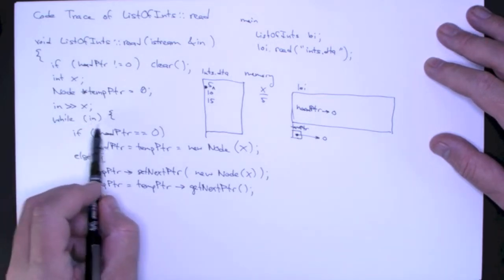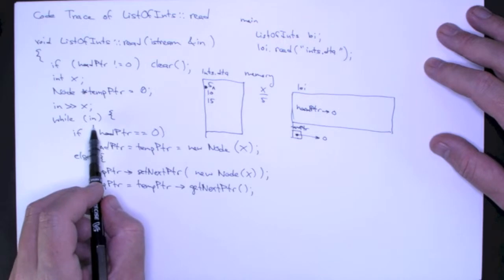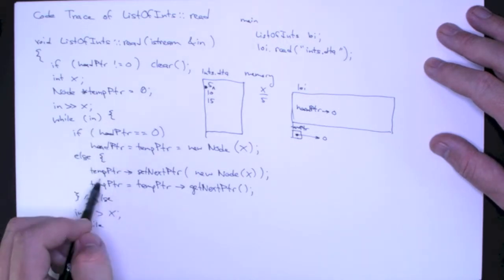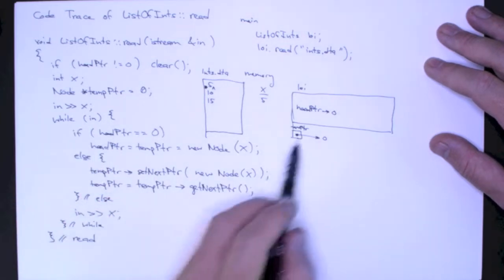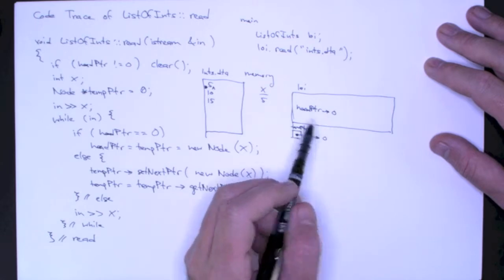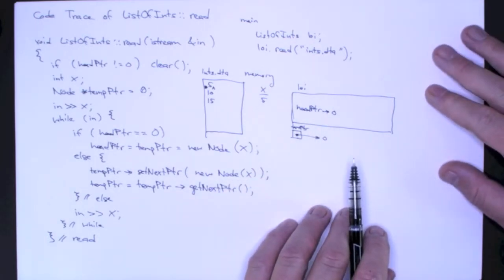Now we check to see if the input stream in is in a good state. It is, so we enter the while loop, and we check to see if head pointer points to null. It does, and this signifies that we're reading into an empty list.